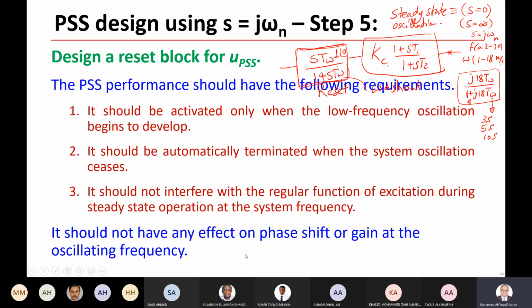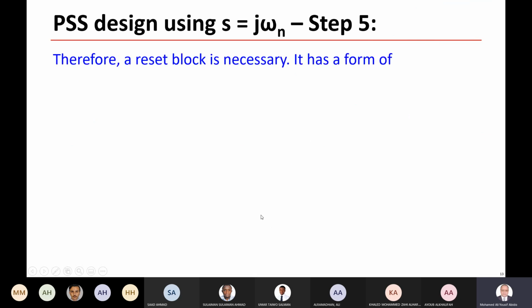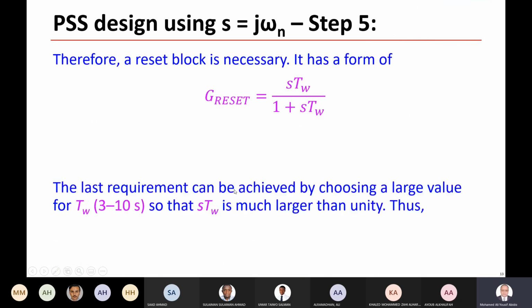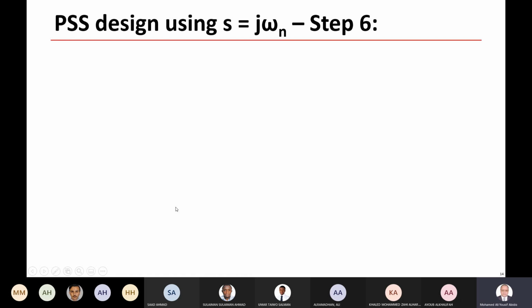Having these issues, we can set TW as high as 3 seconds or 5 seconds or so. So in this case, you can just set TW between 3 and 10 seconds, and you have a transfer function at the oscillating frequencies approximately 1 with angle 0.